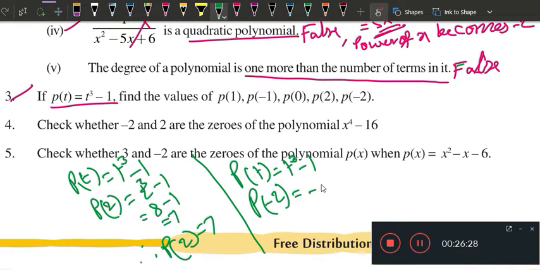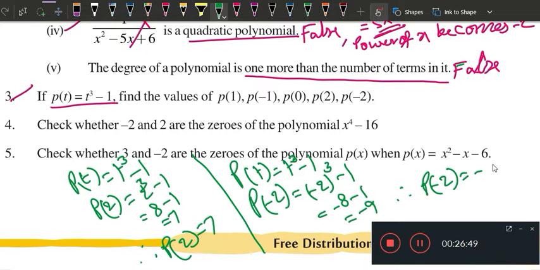Minus 2 whole cube minus 1. Minus 2 whole cube means minus 8, minus 1. Minus 8 minus 1 becomes minus 9. So the value of P of minus 2 is equal to minus 9. Okay children, these are the values of the given polynomial.